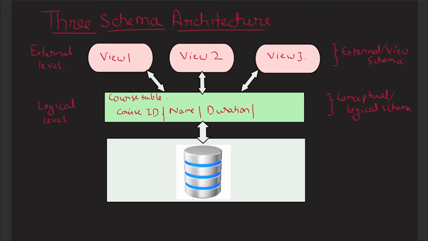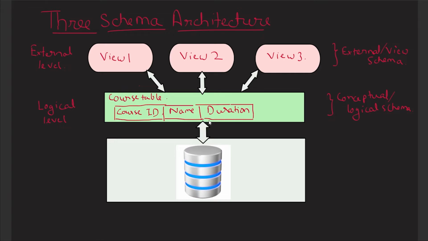So these are the 3 attributes of the table course. So that is how the schema will look at the logical level. It will describe how the data is going to be stored in these attributes at the logical schema.